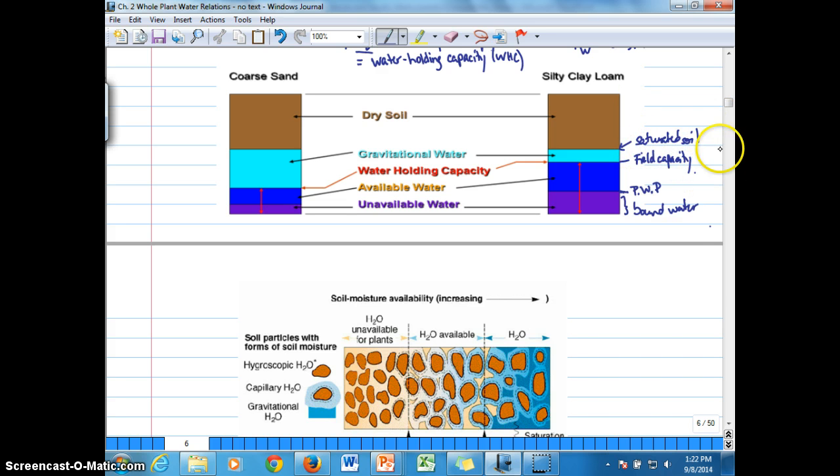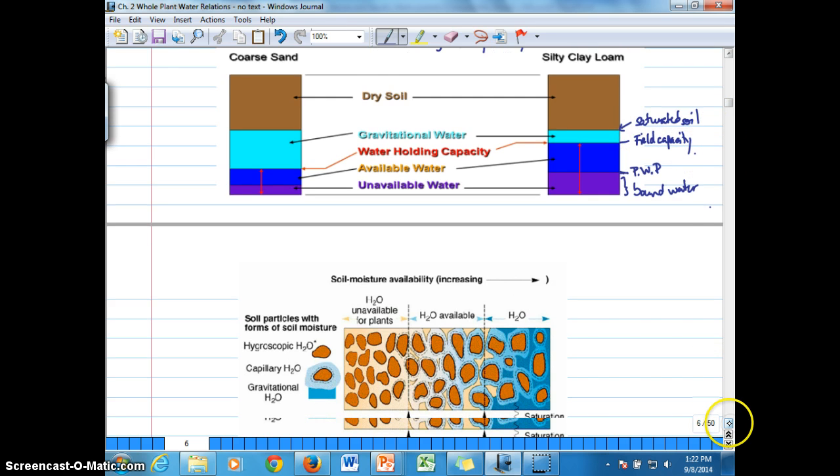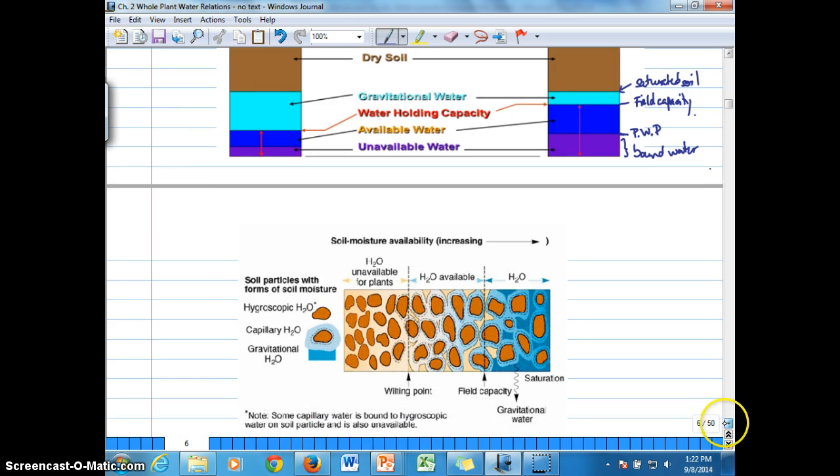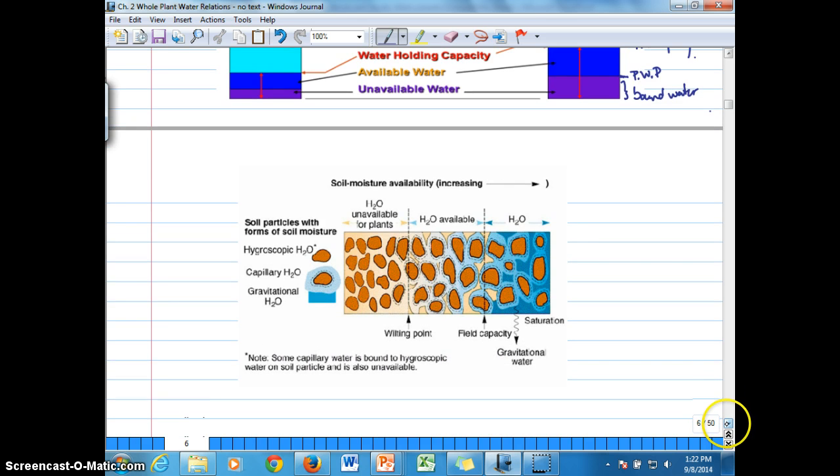Now, how this looks when we take a look at what soil particles look like down here in this figure. Again, we're looking at plant available versus unavailable water in these diagrams here above and below.